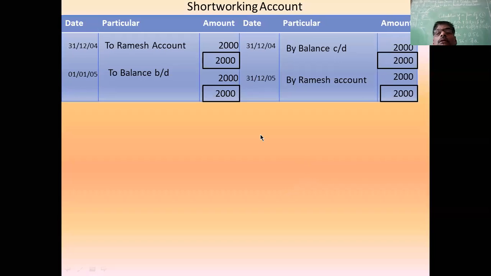And these are the different examples I solved regarding royalty in the books of lessee. Tomorrow I will solve one problem based on lessor.